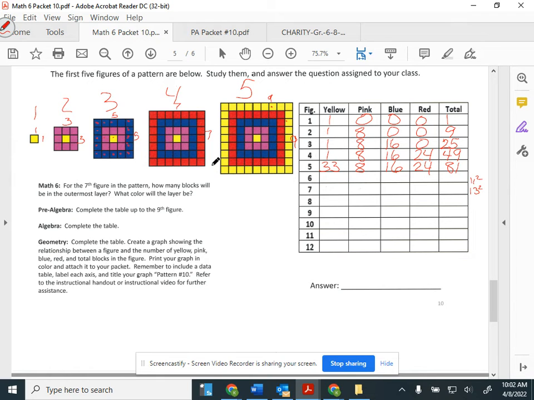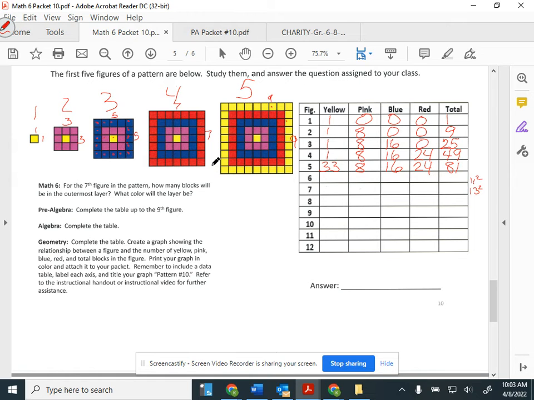So, let's see what else we can fill in just by knowing certain patterns. Do we know how many red are going to be in the 6th figure? Just by looking at it? How do you know it's 24? What pattern do we follow, Brielle? It's every 4.